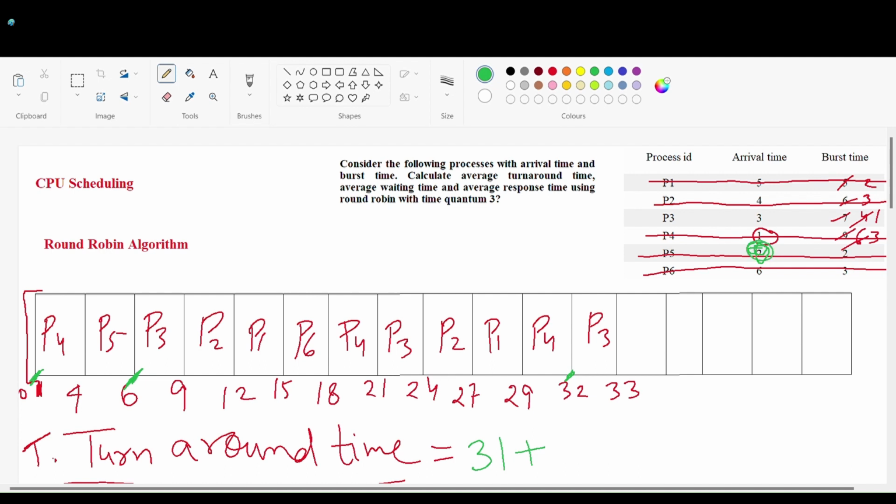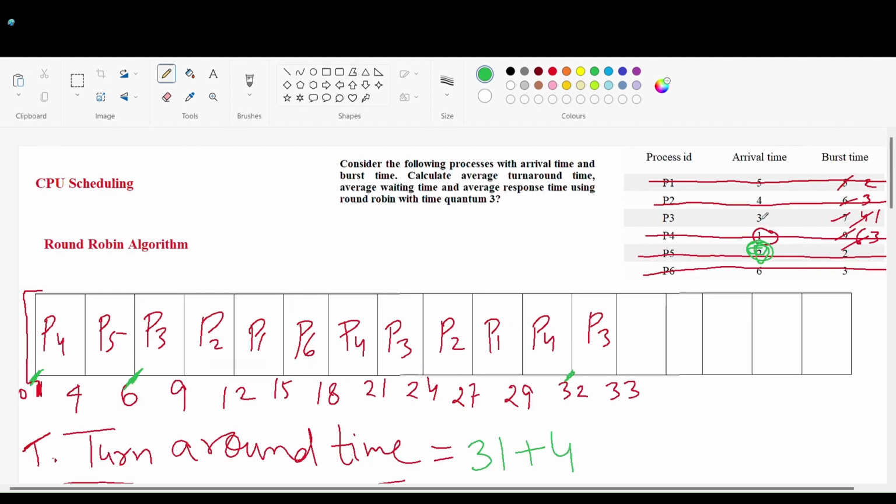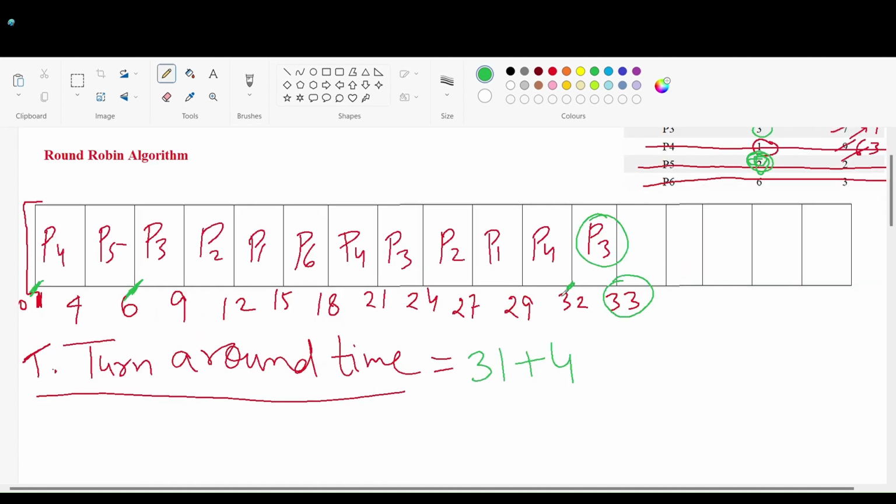So the total time taken by P5 is 4, right? Then P3 enters into the system at 3 and P3 exits from the system at 33. So 33 minus 3 is 30. So P3 turnaround time is 30.